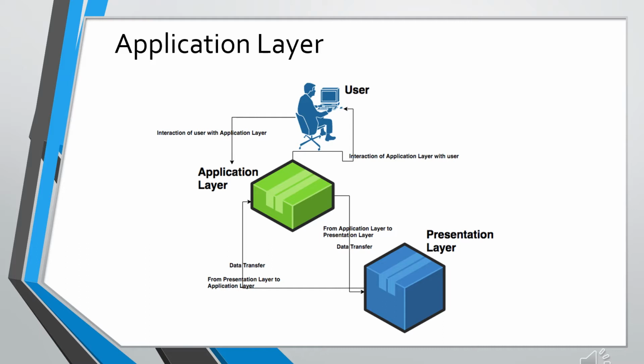Other examples of applications that use this layer are Outlook, Skype, and Office. All of those interactive applications provide a set of services that allow the application layer to supply data to and receive data from the presentation layer.